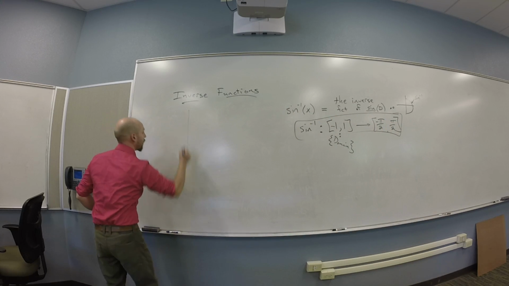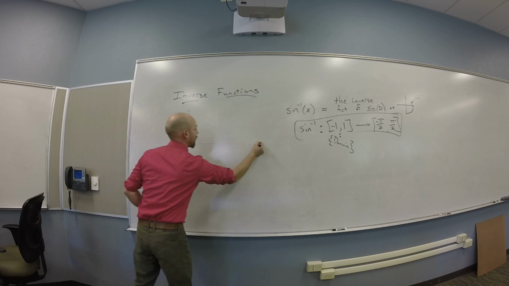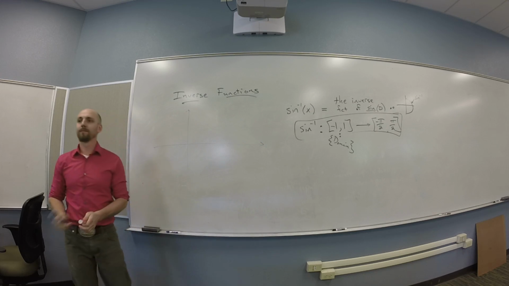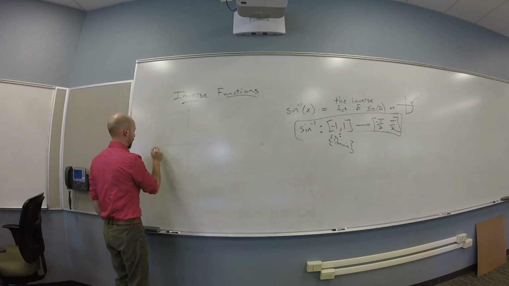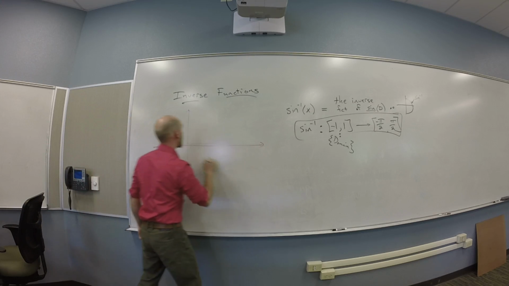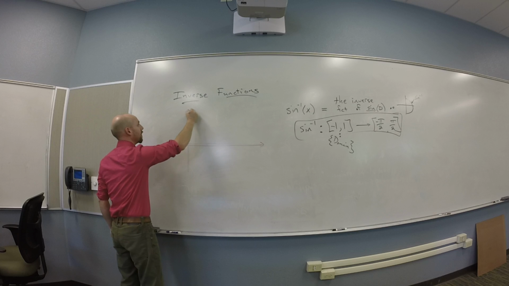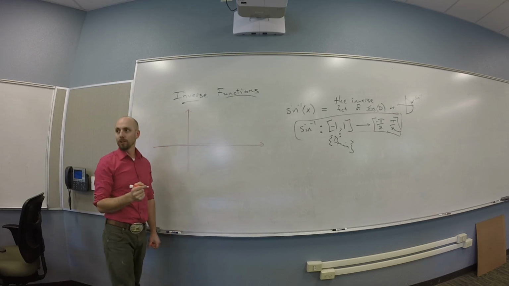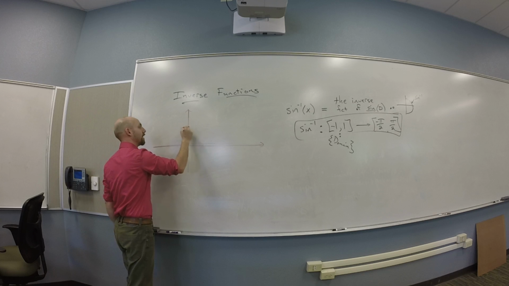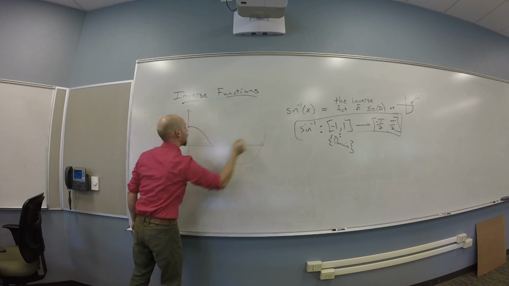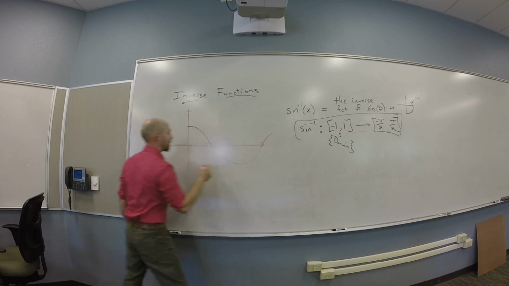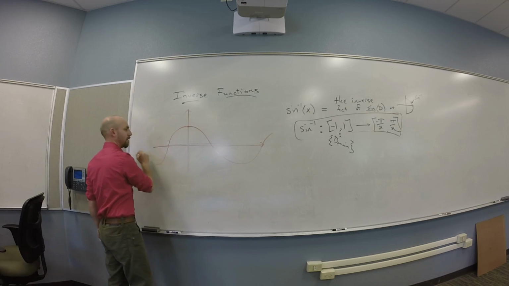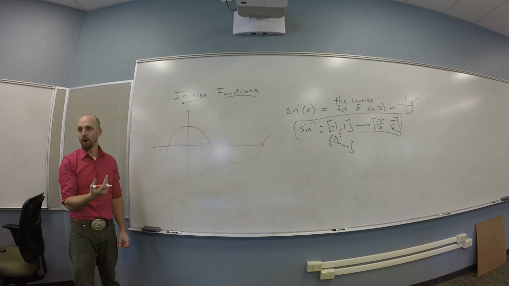Okay, so we get our cosine graph, which starts where? High point. It starts with a peak here. It's just sine shifted over a bit.